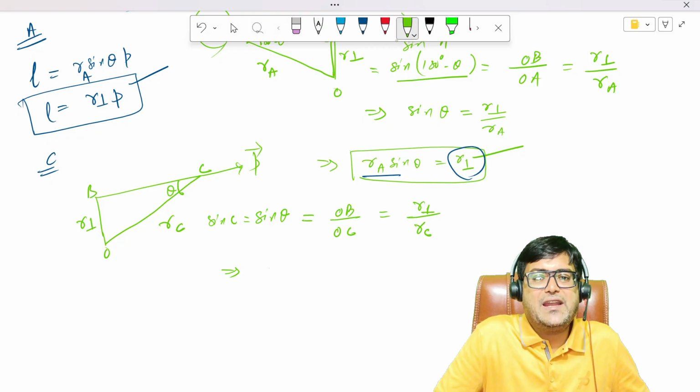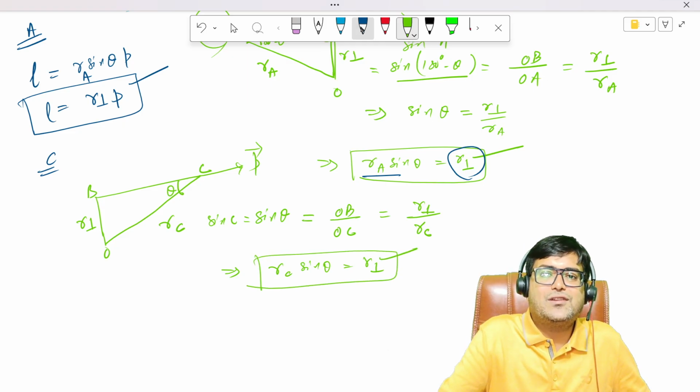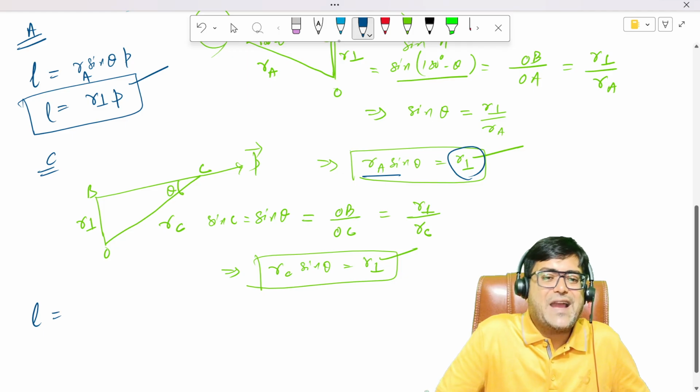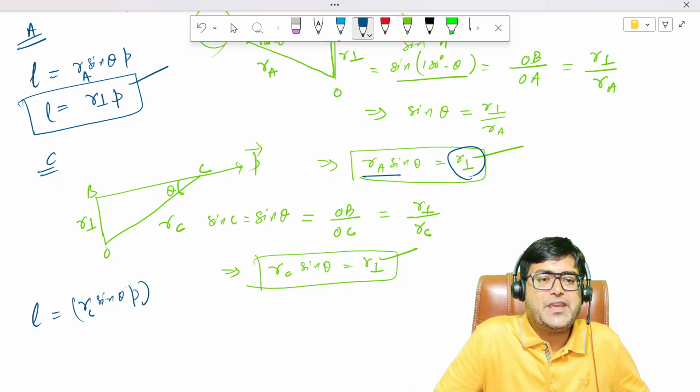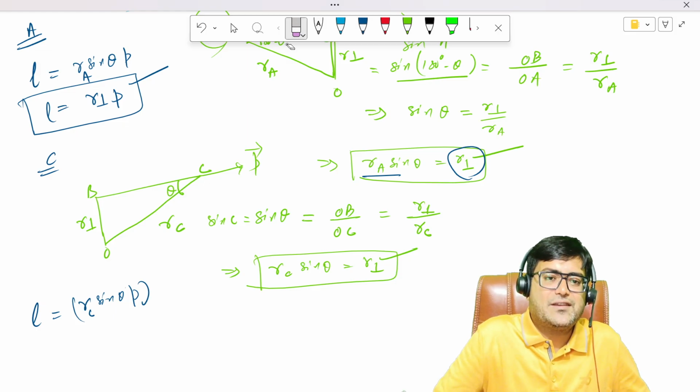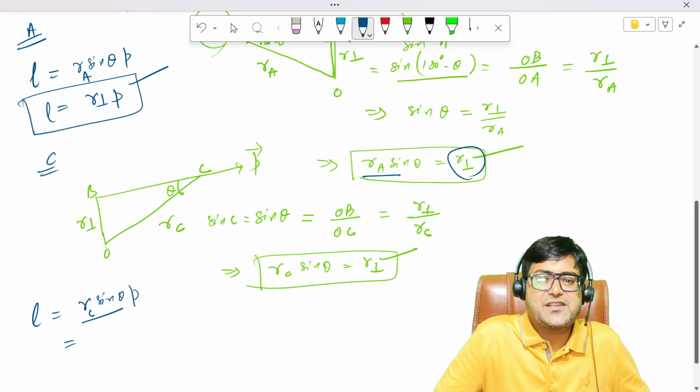So I can simply write r_C sine theta becomes r perpendicular, yes or no? Good. So at point C, the magnitude of angular momentum becomes r_C sine theta times p, right? So once again, instead of r_C sine theta, I can just insert r perpendicular times p, right?